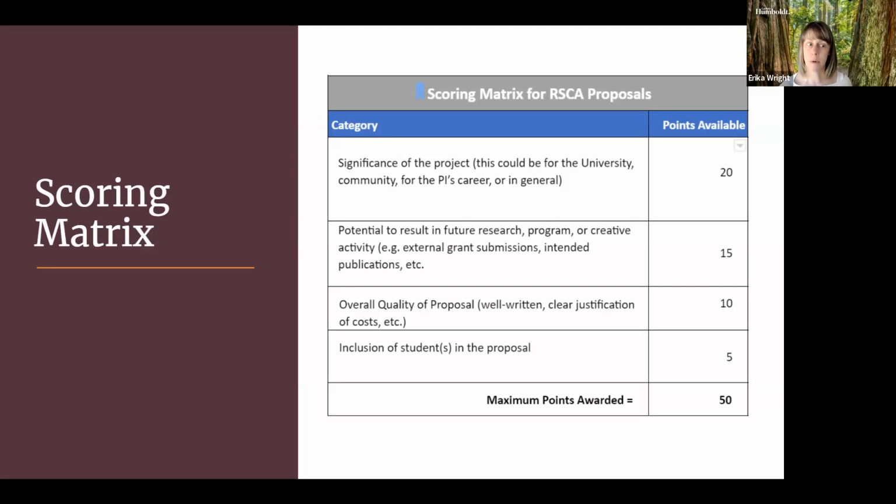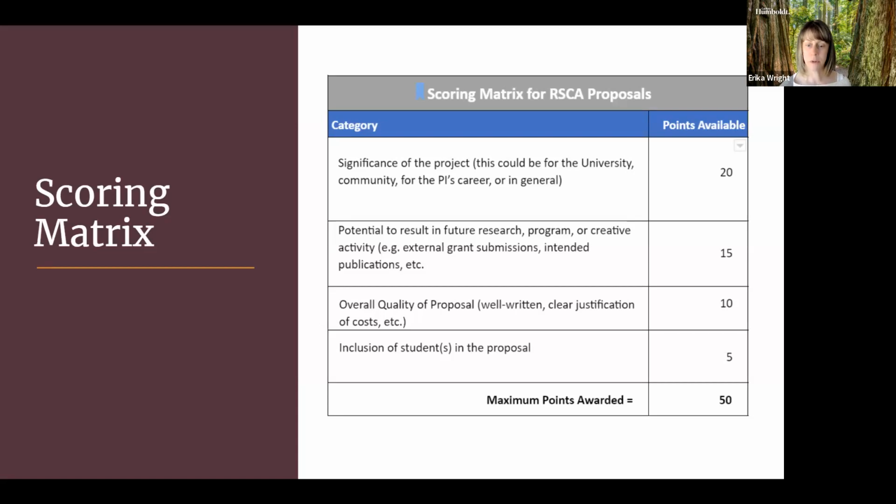So it's also really important to know how this funding that we're giving you is going to result in some sort of future work of some kind. Then 10 points for overall quality. So that's whether it's well written, clear justification of costs, etc. Again, you really want to make sure that you answer all the questions, that you answer them clearly and completely, and that there's not a lot of questions.